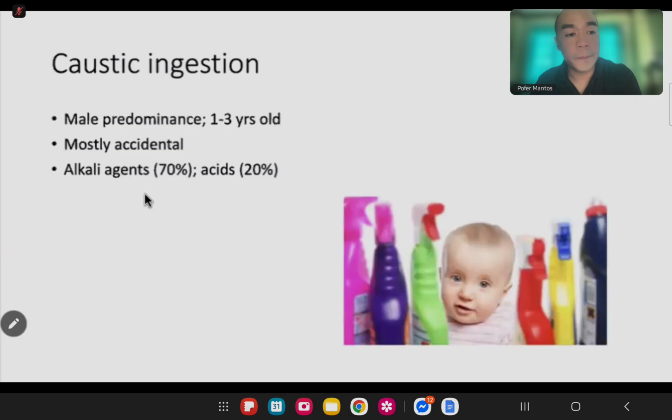These are the agents commonly ingested: alkali, which comprise 70% of ingestions, and acid. Nowadays it seems to be increasing, and it's no longer accidental. The cause is usually deliberate intake, especially in the older age group. We're seeing many patients already trying to commit suicide with these caustic substances.